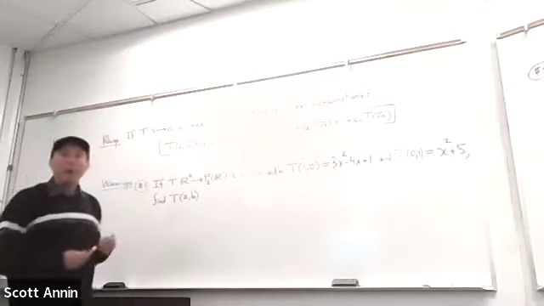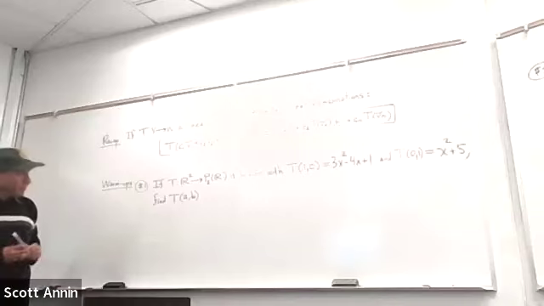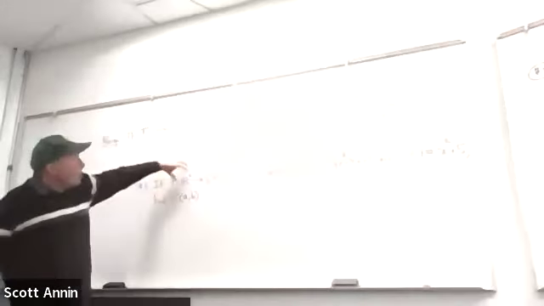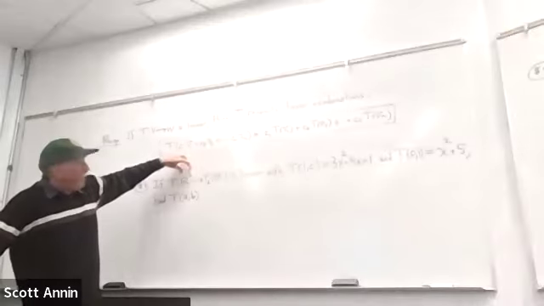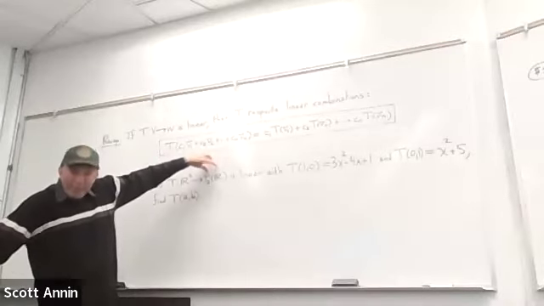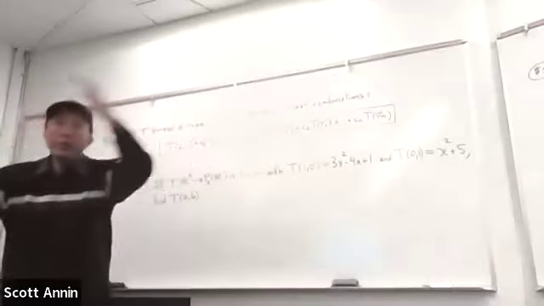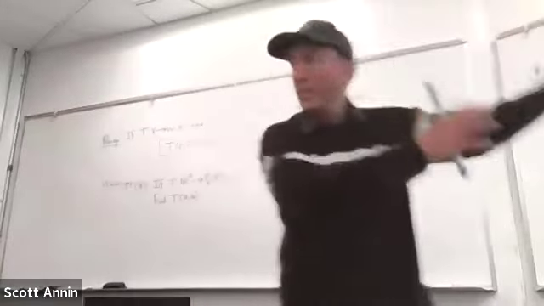This first warm-up problem says, suppose that T has inputs from R2 and outputs from P2 of R. This is telling me again what universes the inputs and outputs live in.